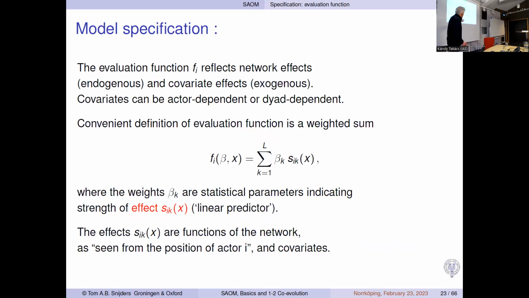The main point of modeling is to select the effects in a given application which are in line with the theoretical questions and what is known about the network dynamic process. And later on, we shall see a few examples, and you will see the kind of effects that are used.